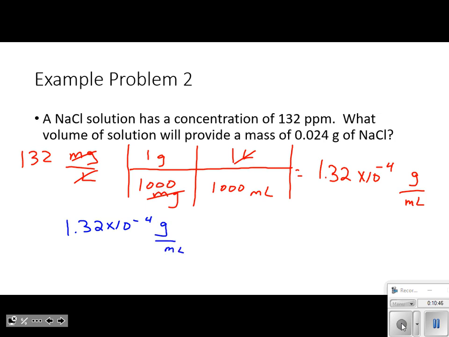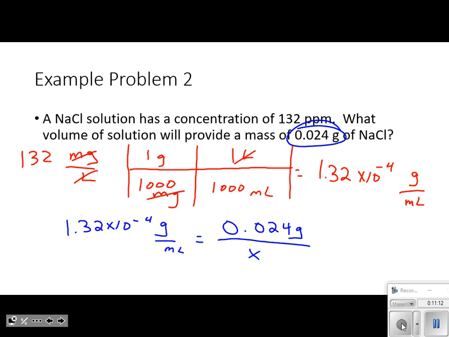This time, I have the mass given to me. So my mass of my solute is 0.024 grams, and I don't know what my amount of solute is, or excuse me, my amount of solution.